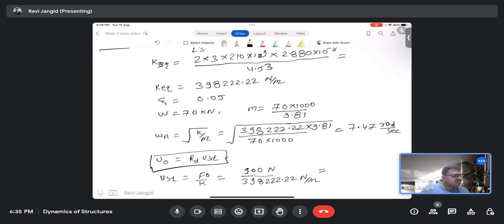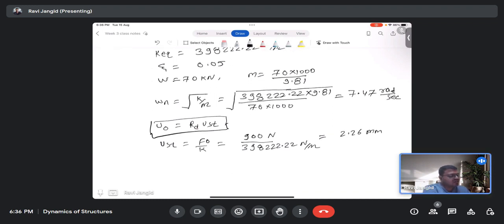Anyone? 2.26 into 10 raised to minus 3. Okay, so here we are getting 2.26 mm. Is it okay? Yes. So now find out the RD.